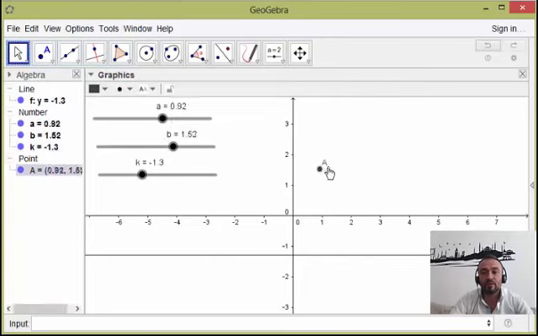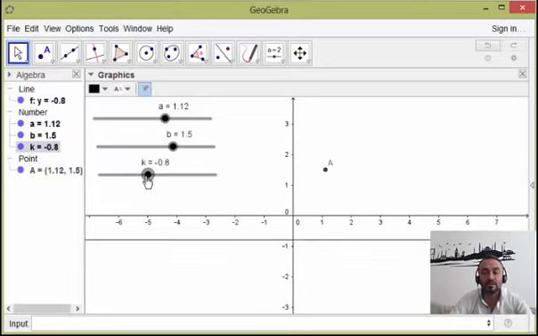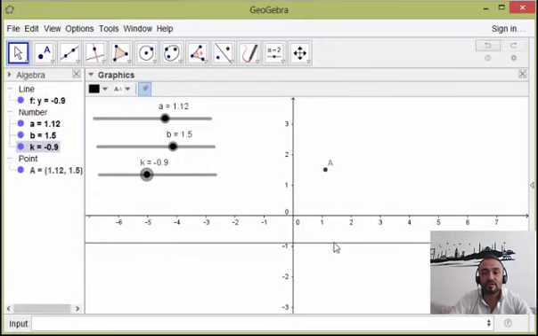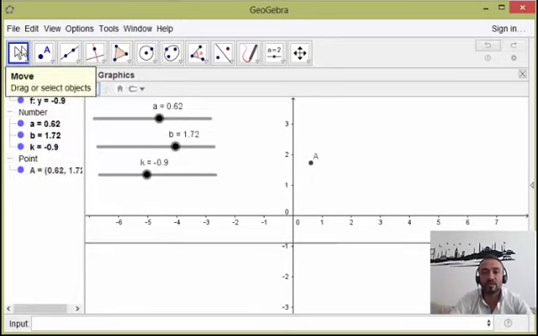Now I will create the parabola whose focus point is AB and whose directrix is y equal to k, a horizontal line. This directrix is the line to which the points of the parabola have the same distance as to the point. The point is the focus. Now I am ready to create the parabola.